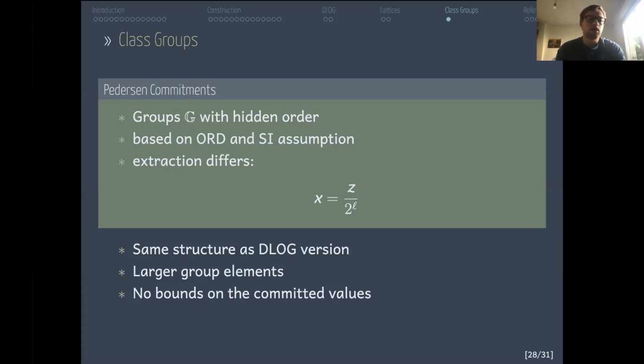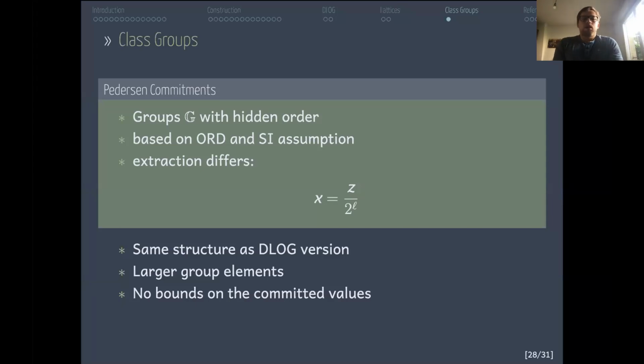So here we can commit to any integer we want for the price of having larger group elements, because these group elements you can think of like 150 bytes, whereas in a normal secure group that is not a class group, like an elliptic curve, you only have like 8 bytes, so 250 bits around this size for a group element, and thus also for a commitment.